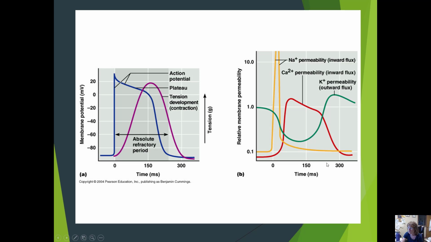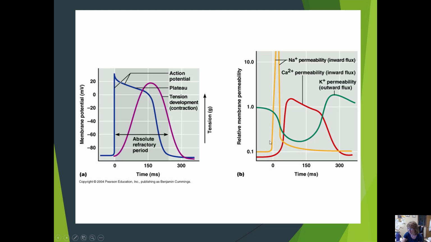If we look at this graph over here, this is a really good representation of the permeability to the various ions at the various time periods. If we look at the initial depolarization of the cardiac muscle cells, we can see that their permeability to sodium is very great and very rapid. And so the voltage-gated sodium channels are going to open really, really fast, a whole lot of them, and then they're going to close very rapidly, and the permeability drops back down here.